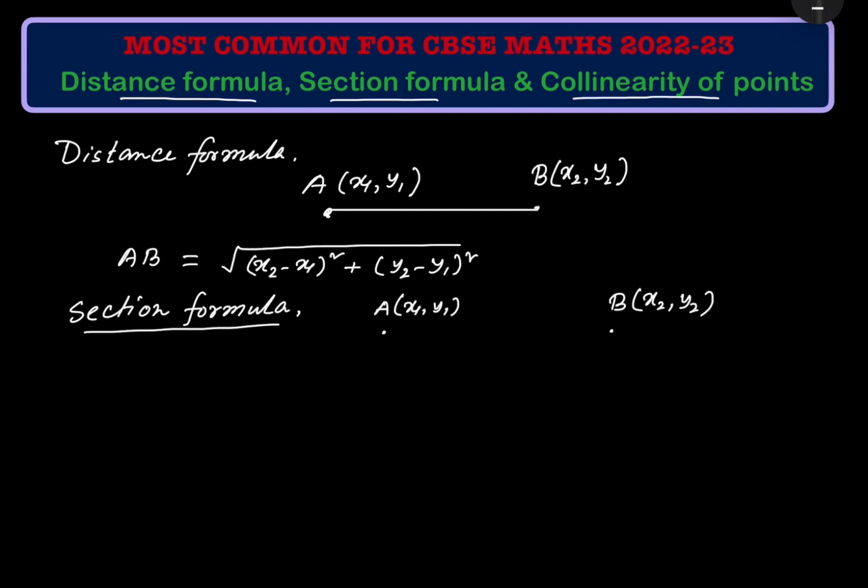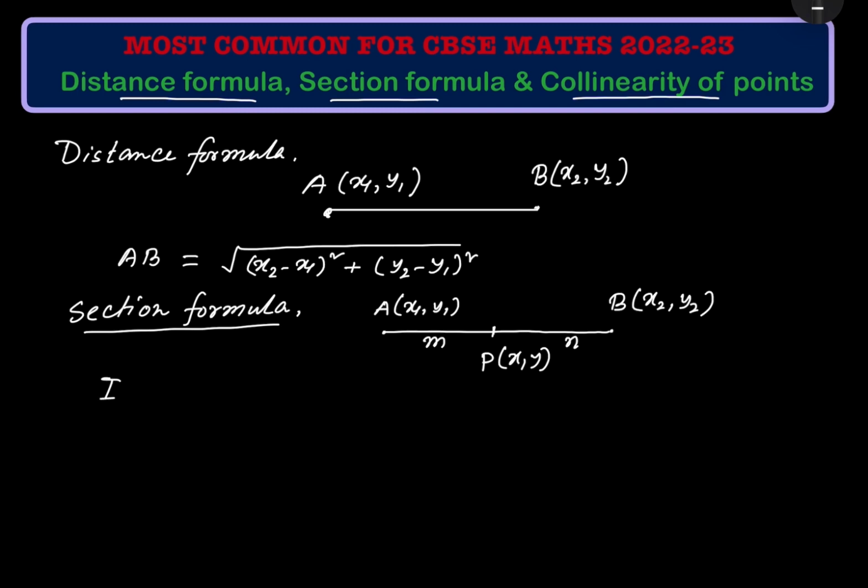The line joining A and B is AB. Suppose P is a point x comma y. P divides AB in the ratio m is to n. Then what will be the coordinate of this P?